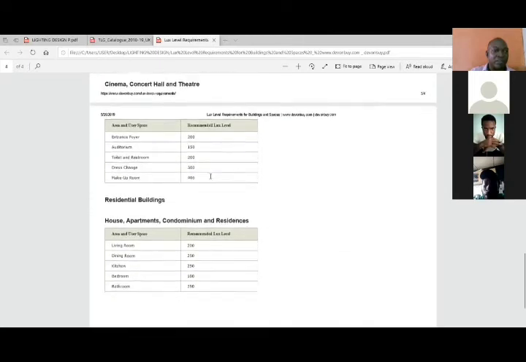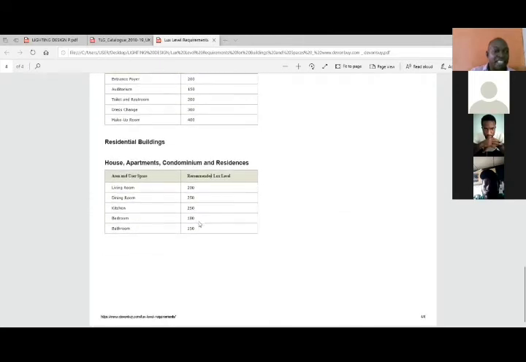For residential purposes, a living room we consider 200, dining room 250, kitchen 250. We can see that the kitchen is high. Why? Because activities done in the kitchen require good illumination, so that you don't have your finger chopped off while you are trying to chop vegetables.